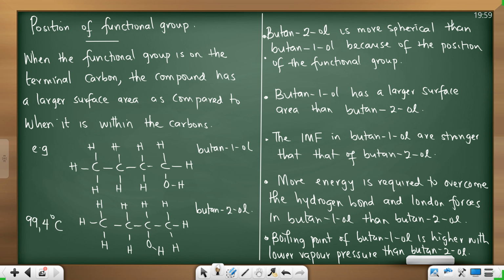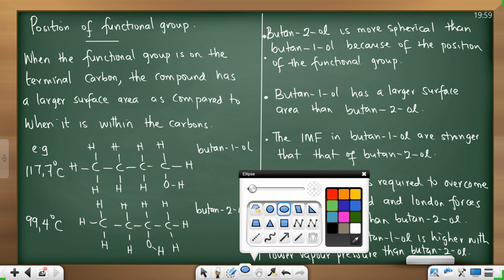Everything is the same. Molecular mass is the same. Butane 1-ol, thank you guys, 117.7. Beautiful. Can you see that? 117. Everything looks the same, but look at the boiling point.